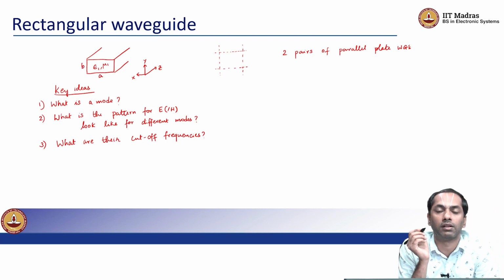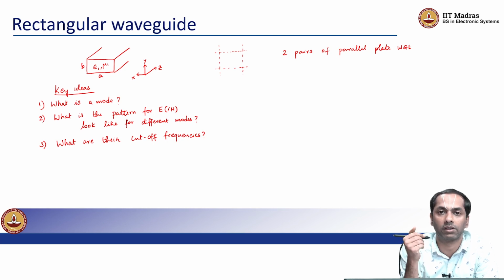In general, a rectangular waveguide, we can say that the side lengths are A and B, where A is greater than B, and I can place this with respect to the coordinate system that I have chosen, such that the longer dimension is along the x-axis and the shorter dimension is along y, and the propagation direction for the electromagnetic field is the z-axis, right. This is a little different from the convention we had for the parallel plate waveguides, where the direction of propagation of the electromagnetic mode was actually in the positive x direction, right.